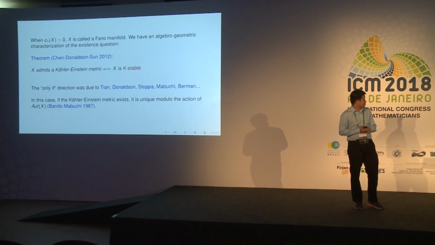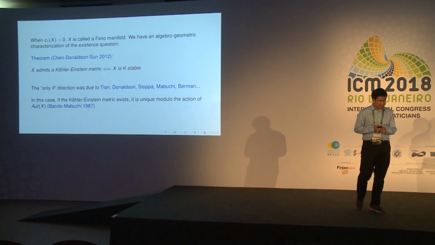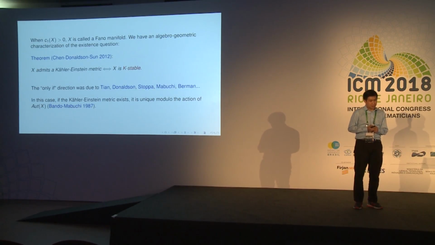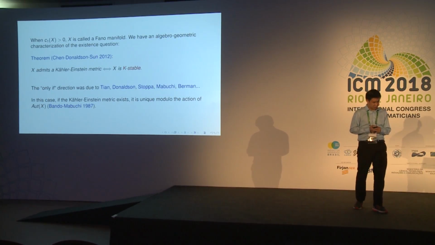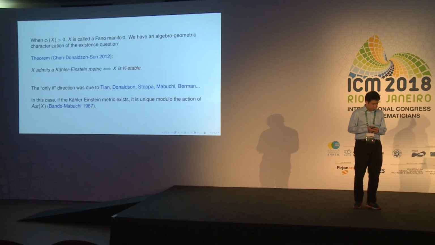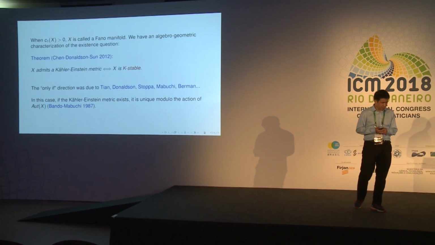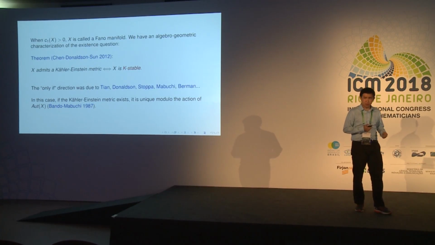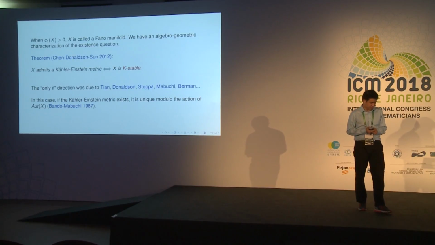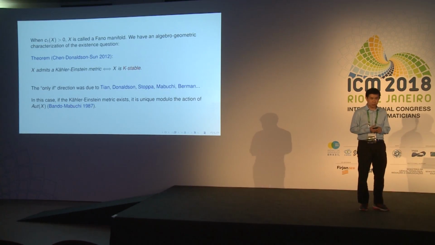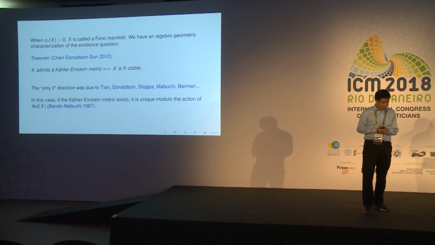There's an exact criterion, K-stability, which I will briefly explain later, that captures the question of existence. You can view this as a relation between solvability of a geometric PDE and algebraic geometry. One direction was known earlier due to many people.